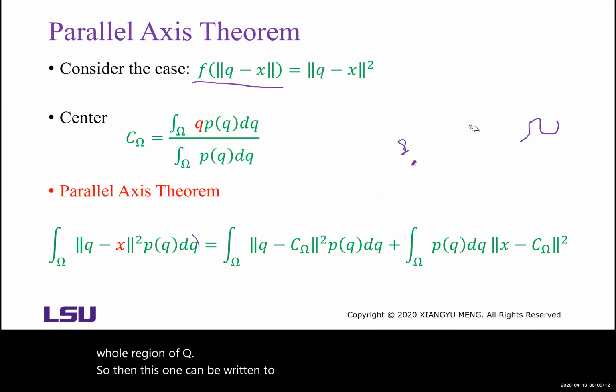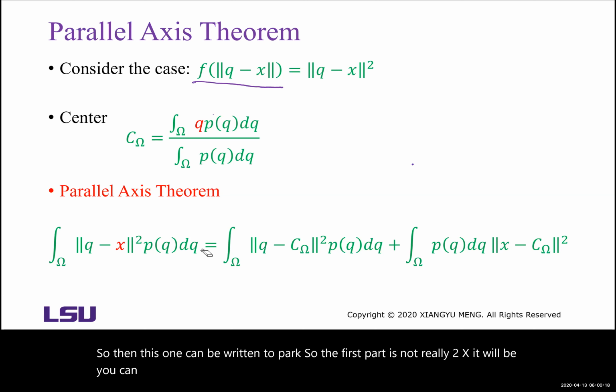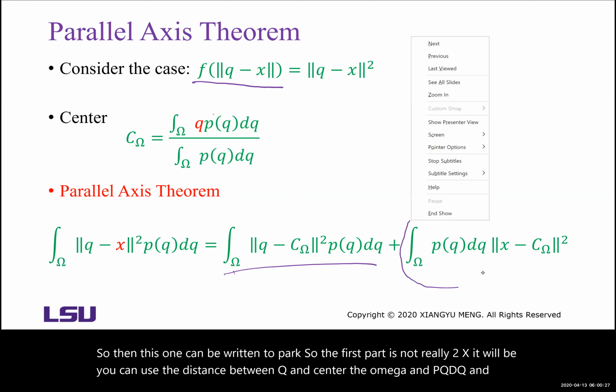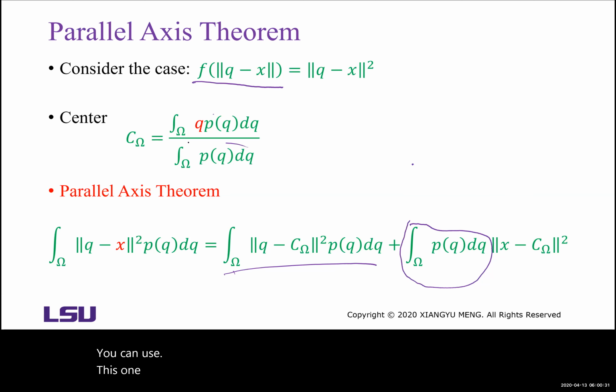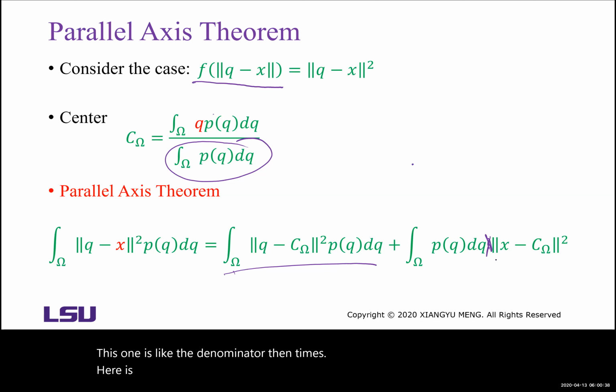The first part is not related to X. It will be the distance between Q and the center of the omega, times PQ, dQ. And the second part is like the denominator, times the norm between X and the center, squared.